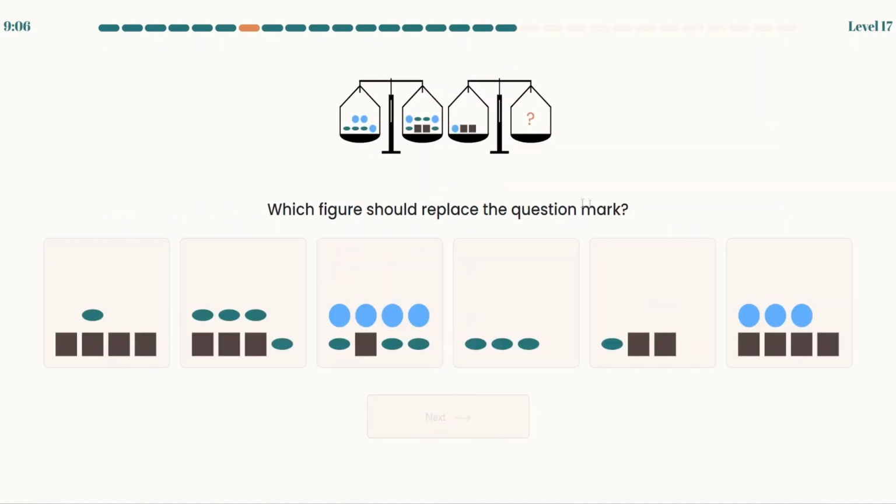Which figure should replace the question mark? 3 circles, we can eliminate 2 of them. And 3 blue dots, we can eliminate all of those.